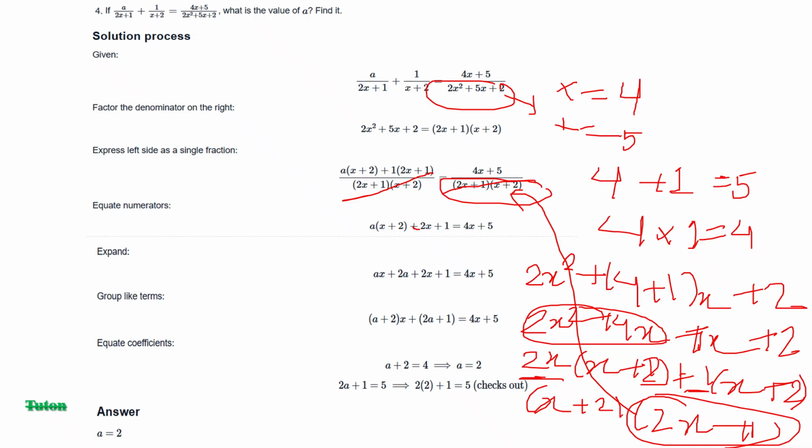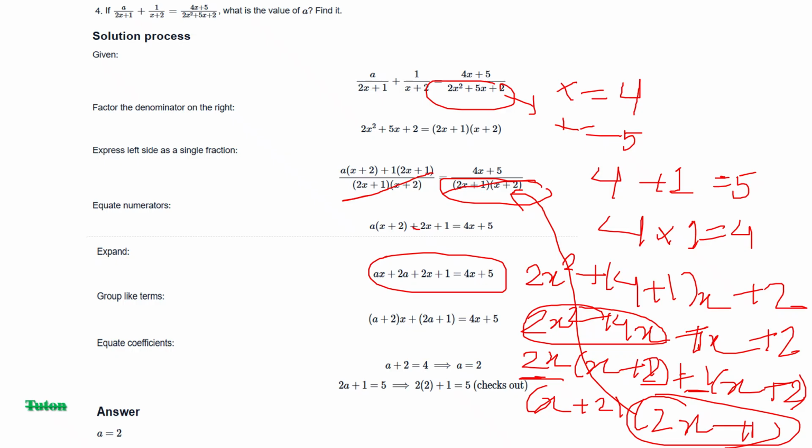Now we will open the brackets on the other side like this one, ax plus 2a plus 2x plus 1 is equal to 4x plus 5. Now carrying out the simple subtraction and addition of the terms, here we can take a common in this term.